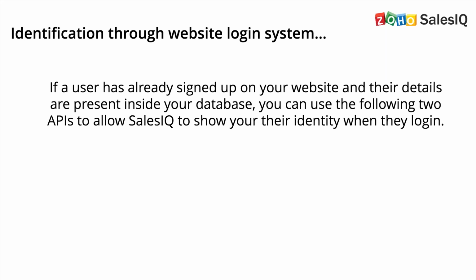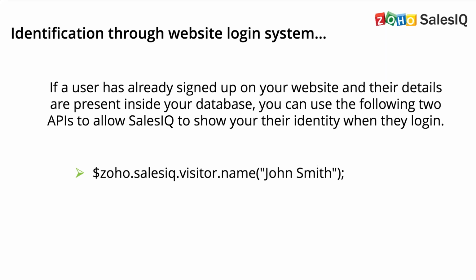So you're going to make that connection. What happens is you're just going to use these two APIs. You're going to pass it to your developers, and they're going to connect them to the login system. So anybody who puts in a username, you're going to get that data from them, and you're going to pass it on to Sales IQ.